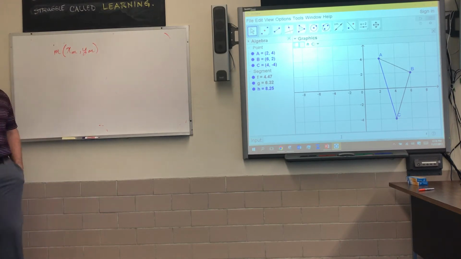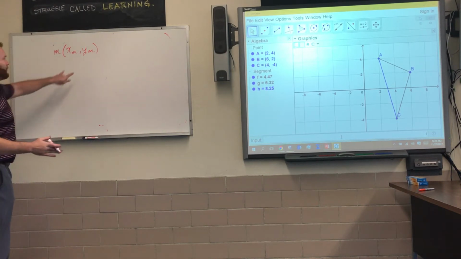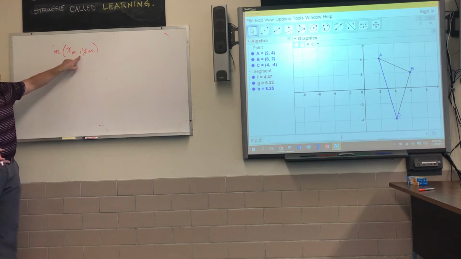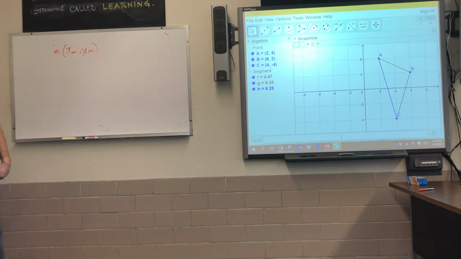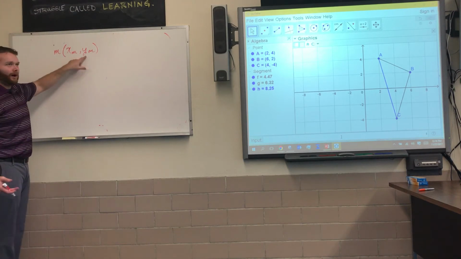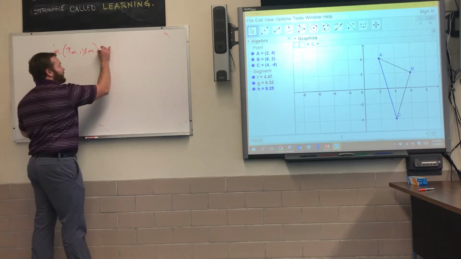Capital M, just the way I label the midpoint, and I just put these subscripts to remind me that in this equation, there's a lot of x's and y's. I just want to know that that x and that y are representing the midpoint.